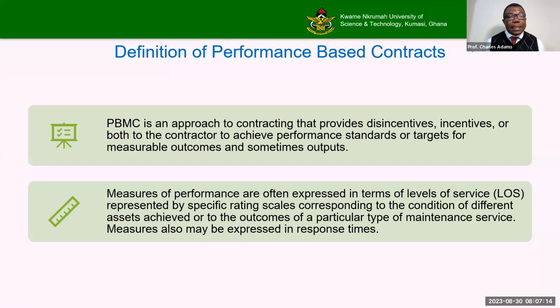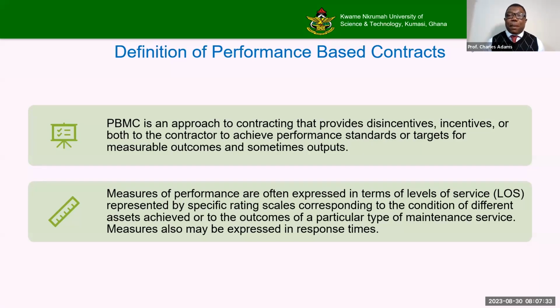I'll explain these terms. Now, the measures of performance are usually expressed in terms of the level of service, and level of service here, excuse me, I'm not talking about traffic engineering level of service, where we have level of service A, B, C, D, E, and F, which is congestion.